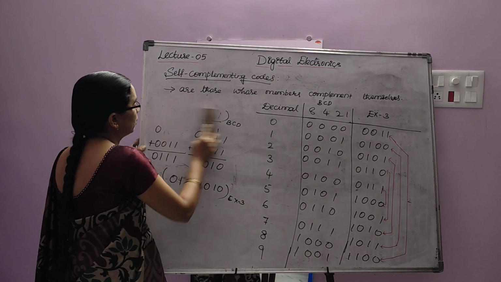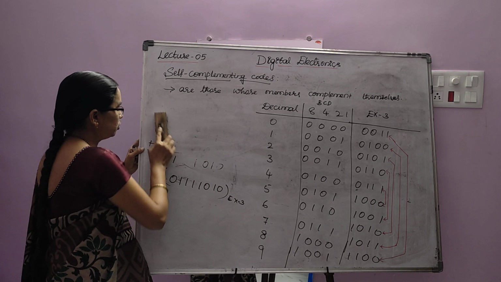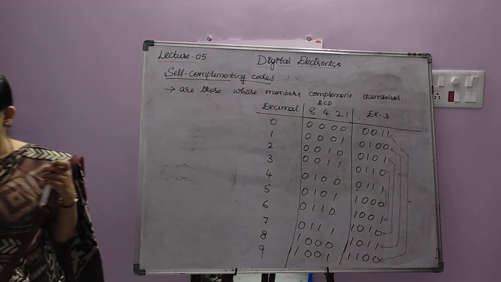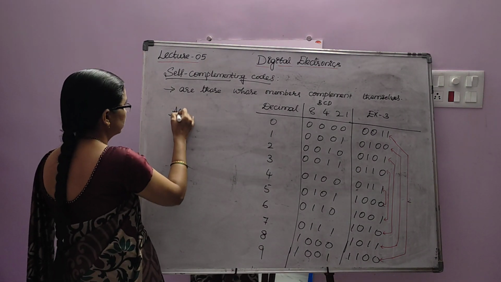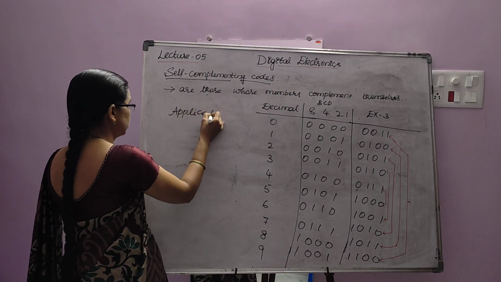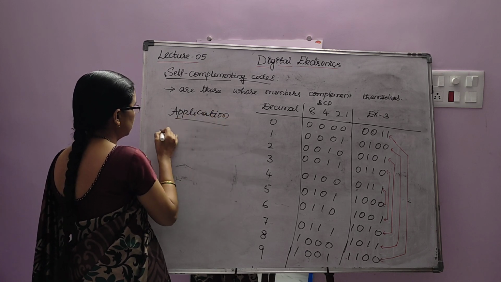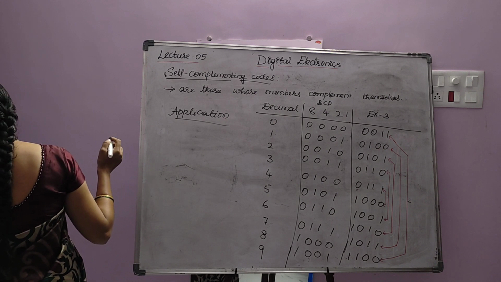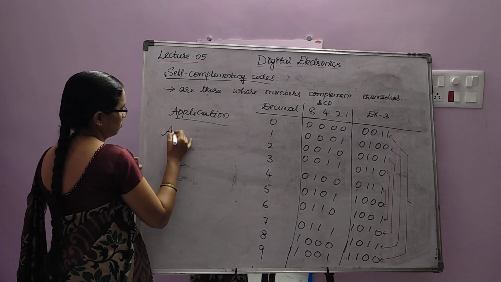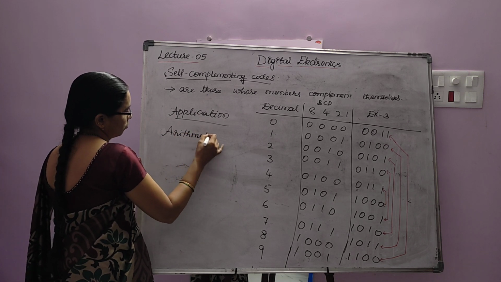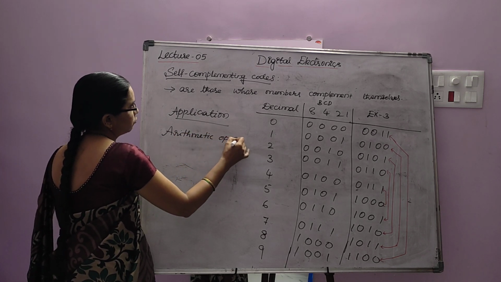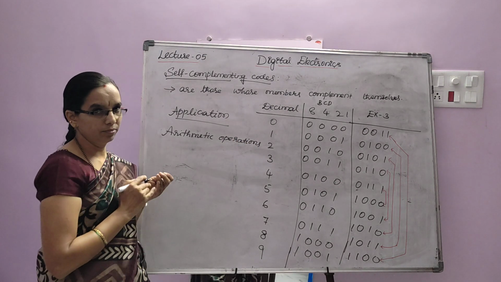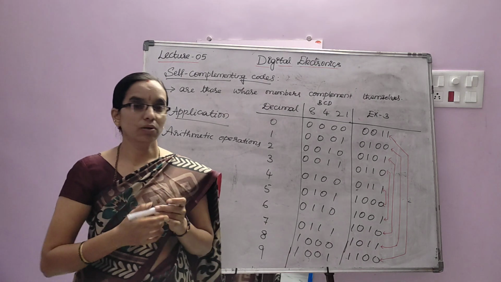This self-complementing property of the excess 3 code is used mainly in arithmetic operations, to perform subtraction. Any doubts in this?